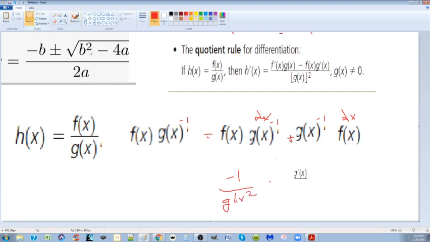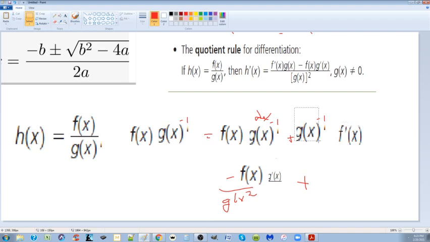So now we just have negative 1 times the derivative of g of x times the function of x, like that. And then when we add this, we just replace this with this term, right? That's all that means.